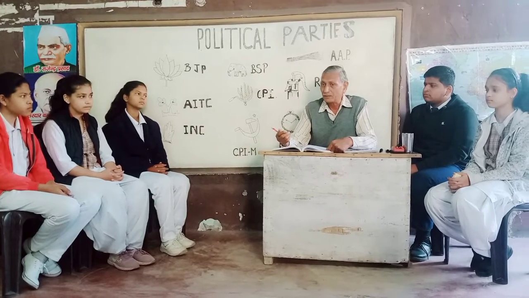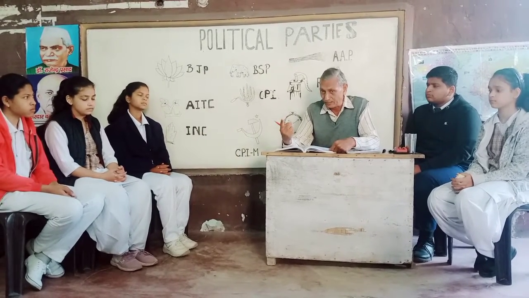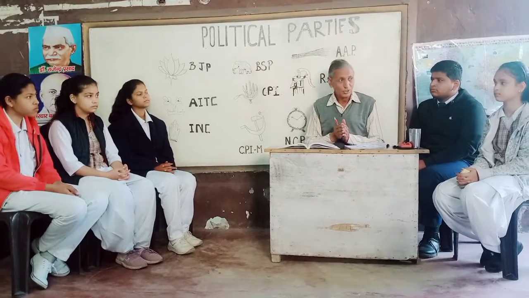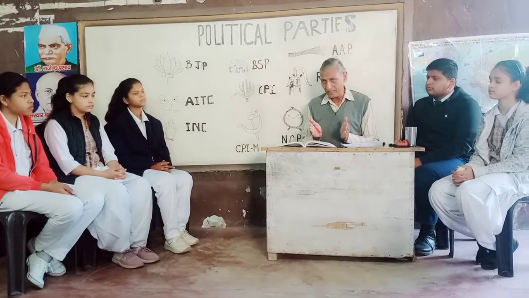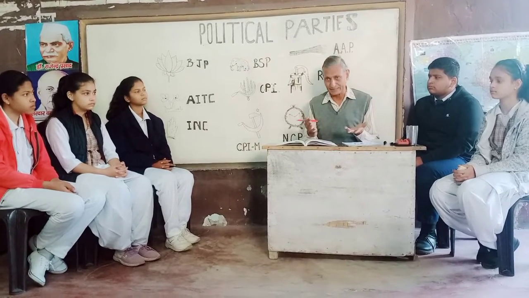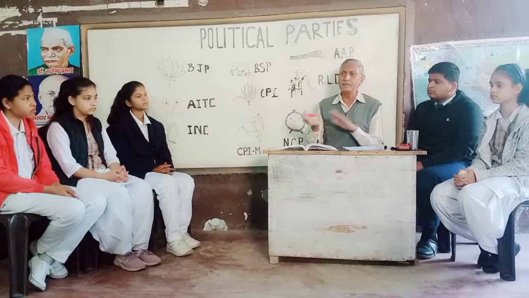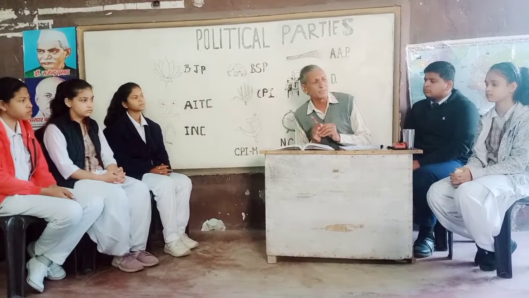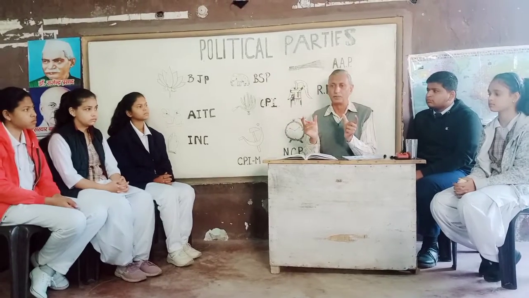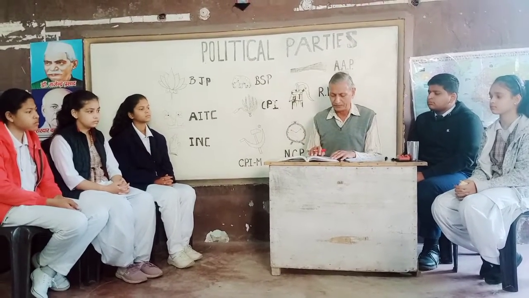So the first challenge is internal democracy. Either elections are not held, or if they are held, they just pretend to be holding elections, and the names of the president and other office bearers are already known to that core group whom they would prefer.